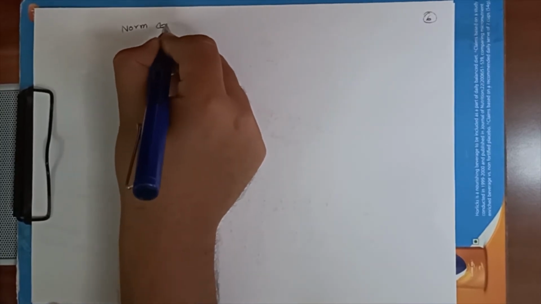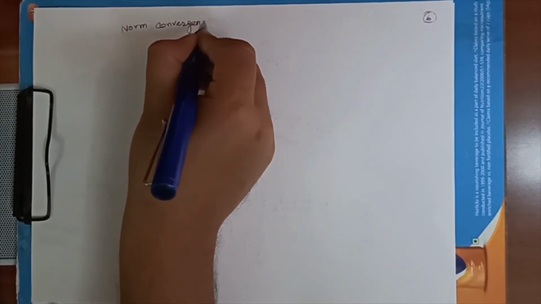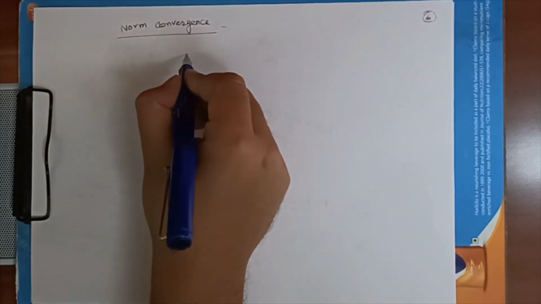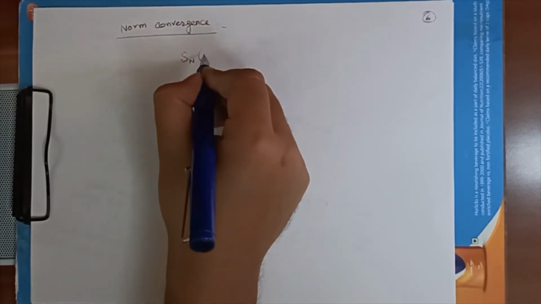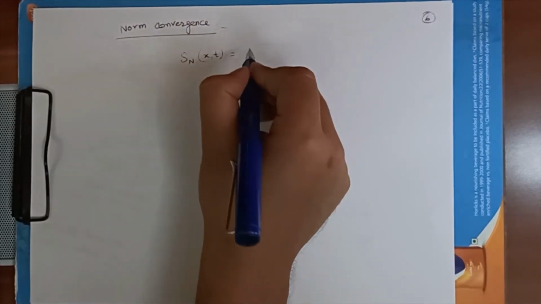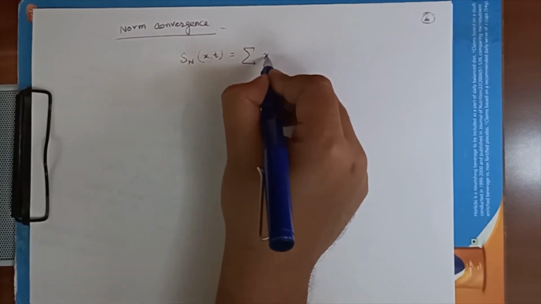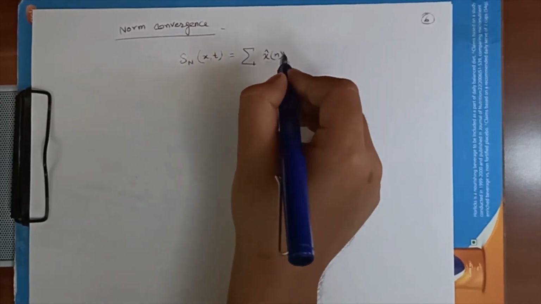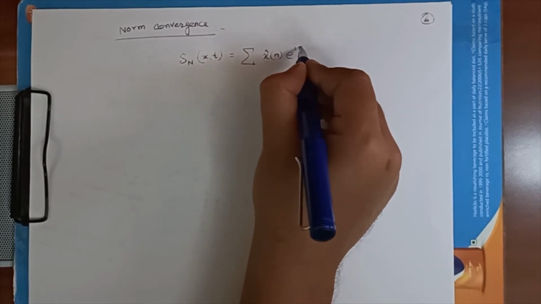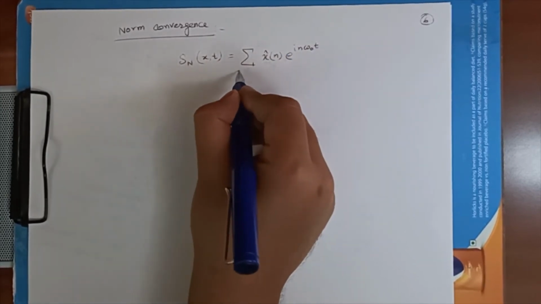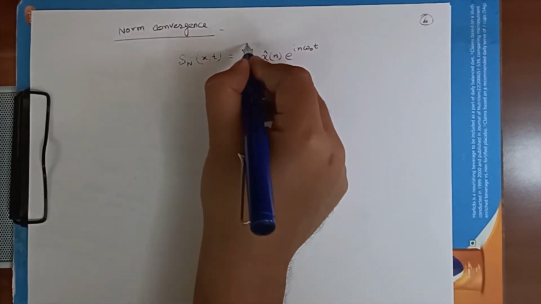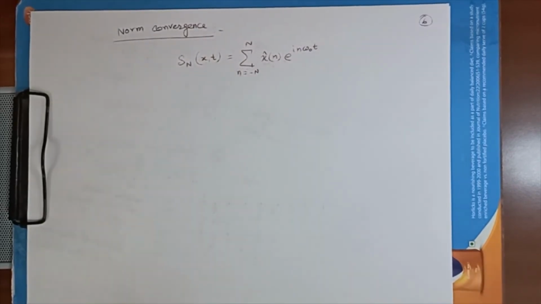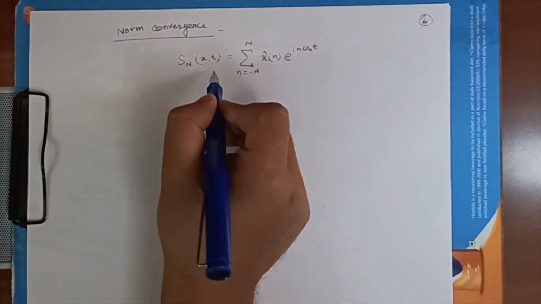The norm convergence: the Fourier partial sum, which we just wrote, x hat n e to the power j n omega 0 t for n equal to minus N to N. This is the partial sum, and this is also a signal of time, right?